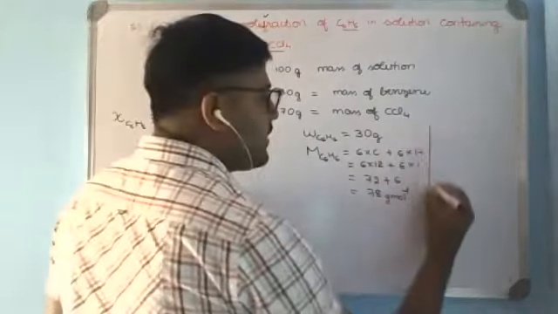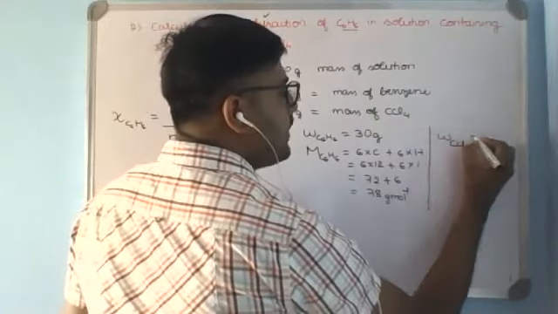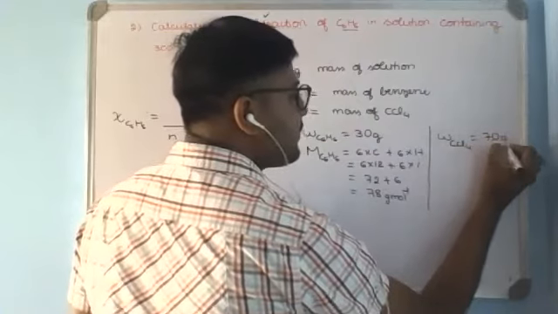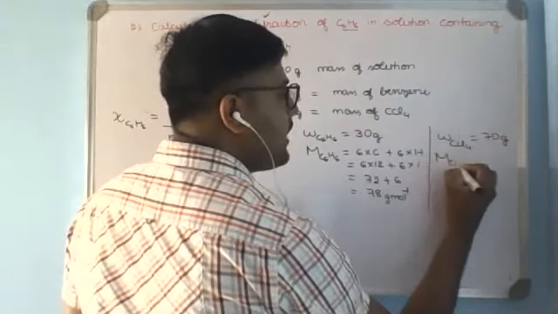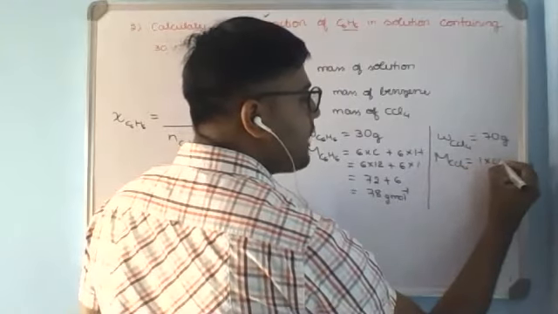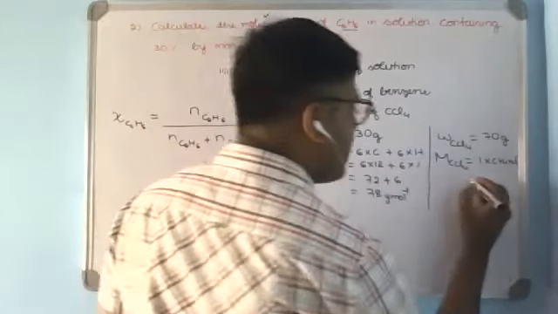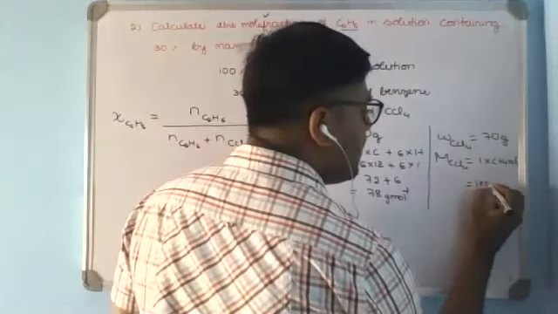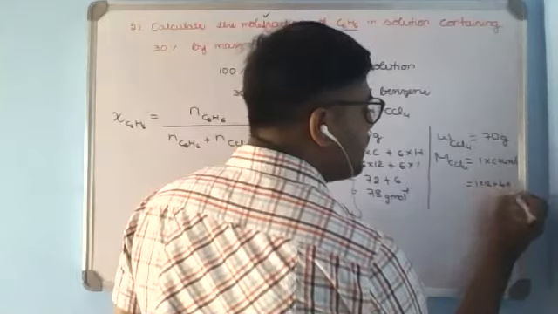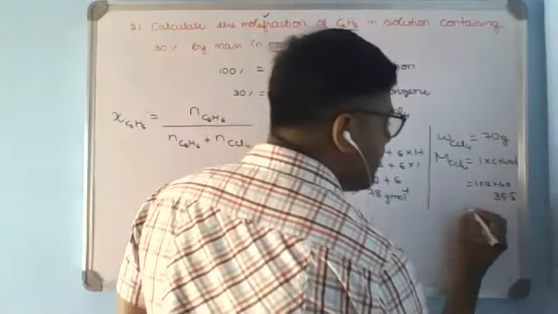Similarly, for the other component, the mass of CCl4 is 70 grams. The molar mass of CCl4 can be calculated as 1 into the atomic mass of carbon plus 4 into the atomic mass of chlorine, Cl, which is equal to 1 into 12 plus 4 into 35.5.